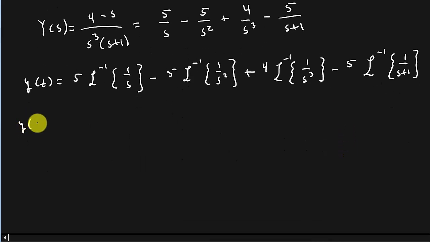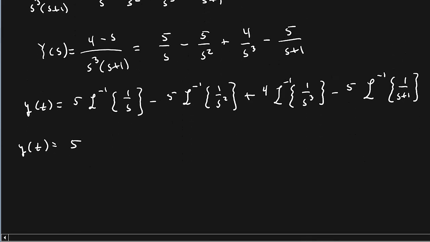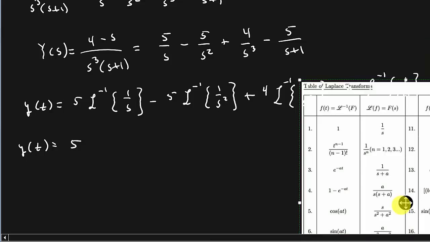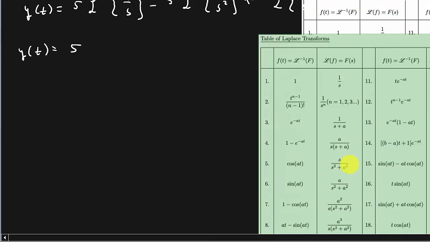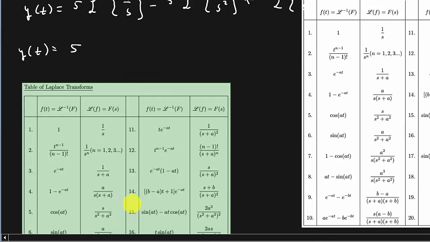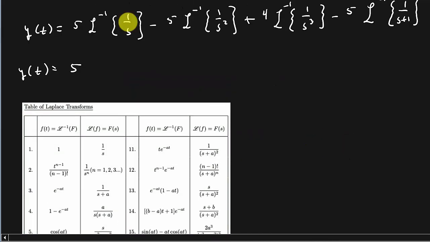Okay, so we've got y of t is equal to 5, because, look at this. Let's bring this down. Because we've got 1 over s is 1, minus, and then we went over this already. See, that's 2, right? n is 2.